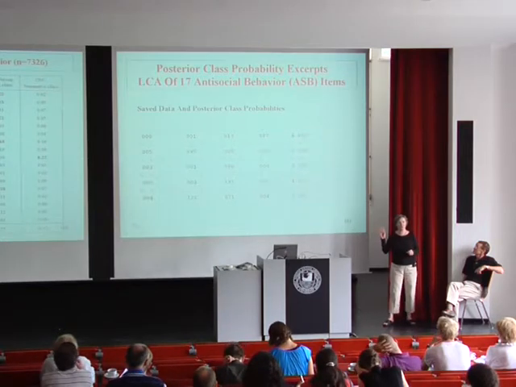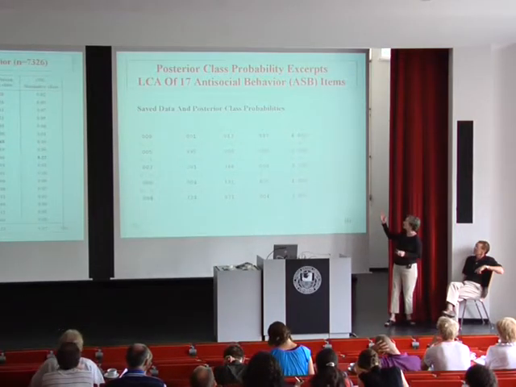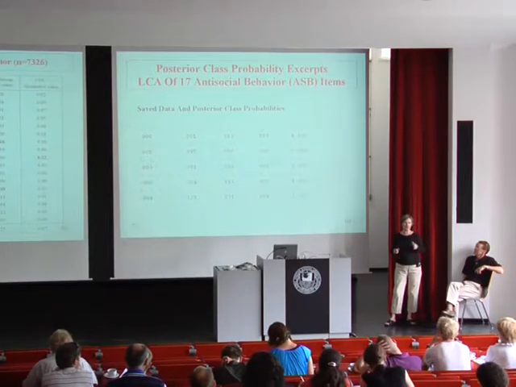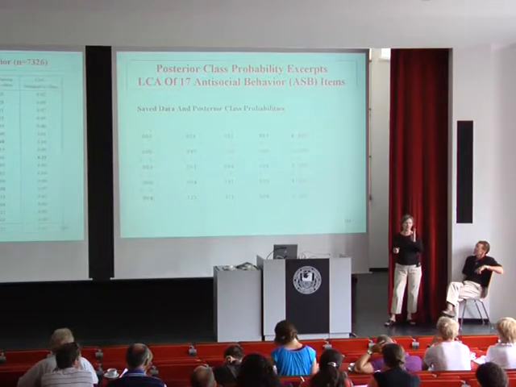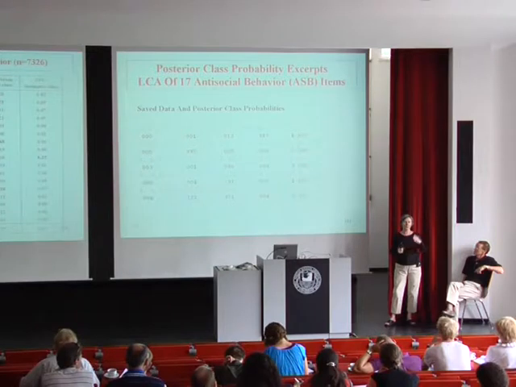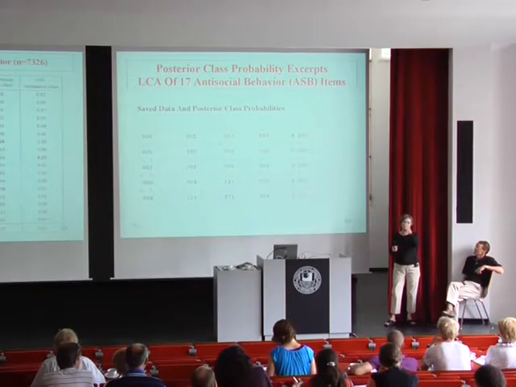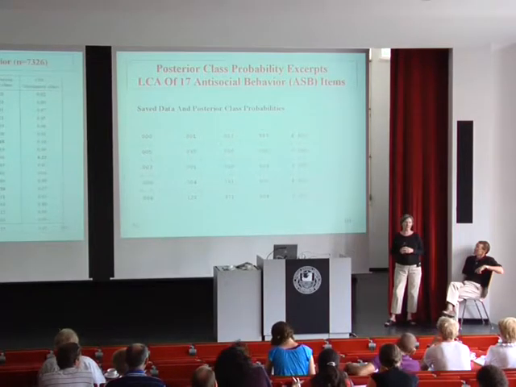So when you save the data, you get your most likely class membership. You can then use that, for example, in the plot of the two factors against each other, where we showed what class each person was in, or where we had the sum score of the number of items that each person endorsed by latent class. There we used the most likely class membership.